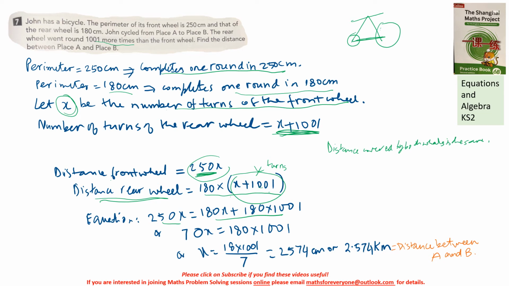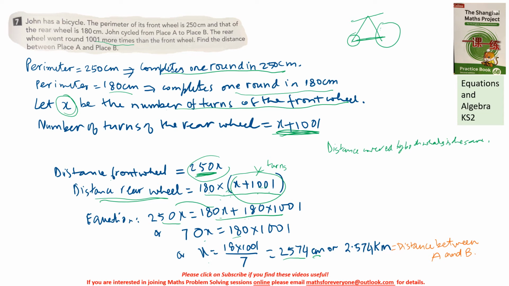We are opening up the brackets, removing the brackets, with 180 times x plus 180 times 1001. So 70x equals 180 times 1001, and we get x equals 2574 centimeters.